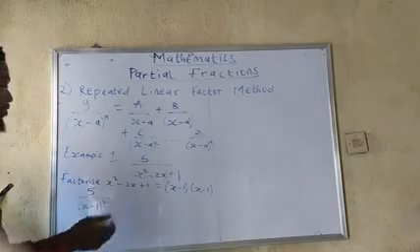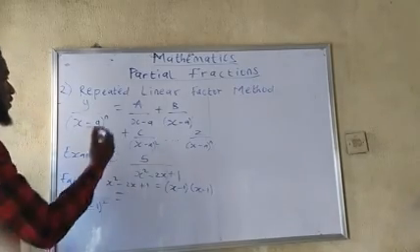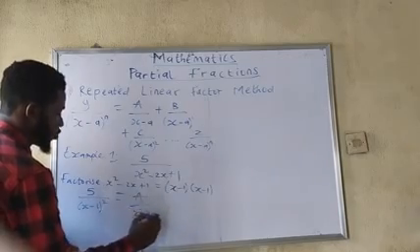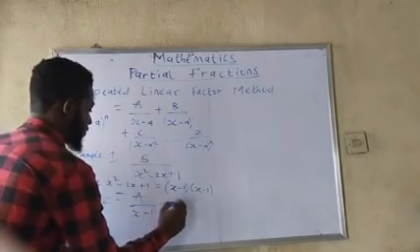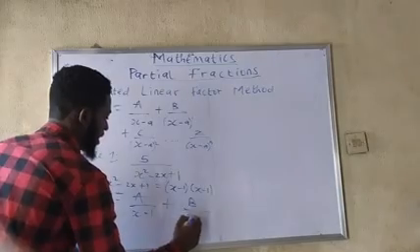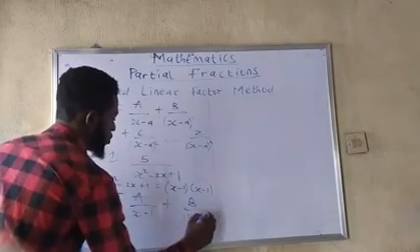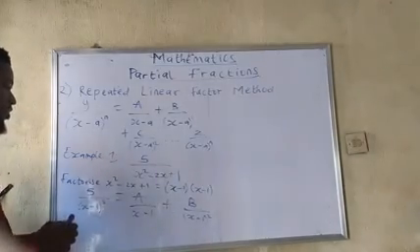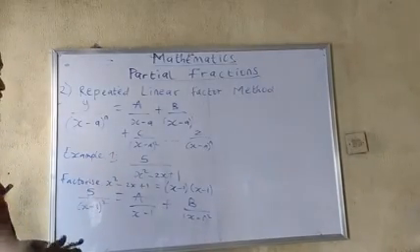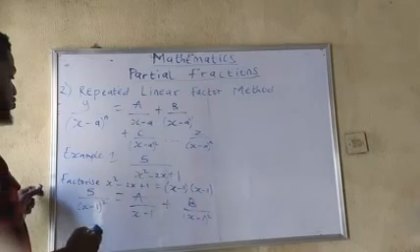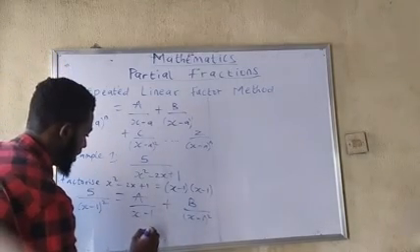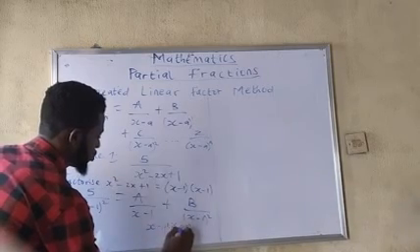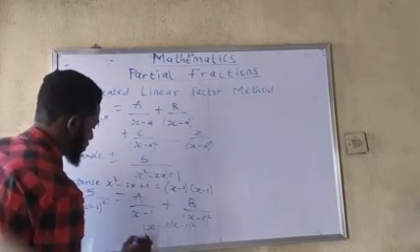So how do we go about it? My general formula says A over x minus 1 plus B over x minus 1 all squared, as n is raised to the power of 2. So having this, we have to find the LCM as per usual. So we have x minus 1 squared.